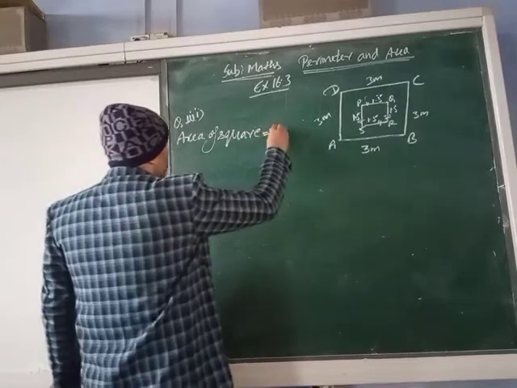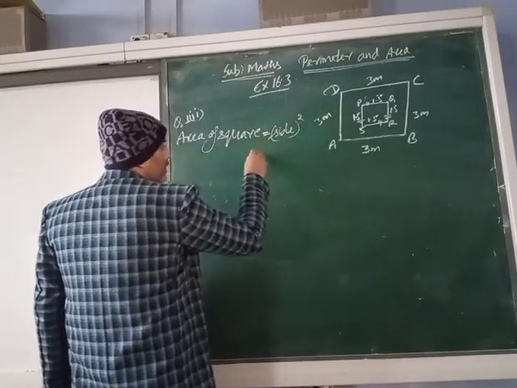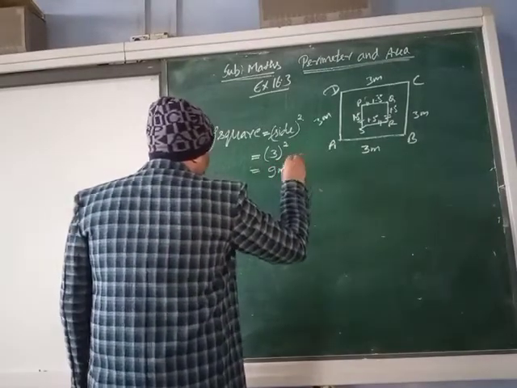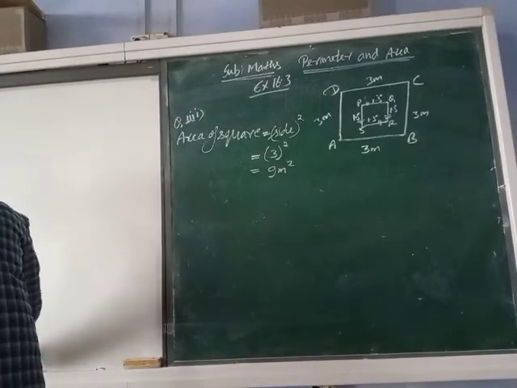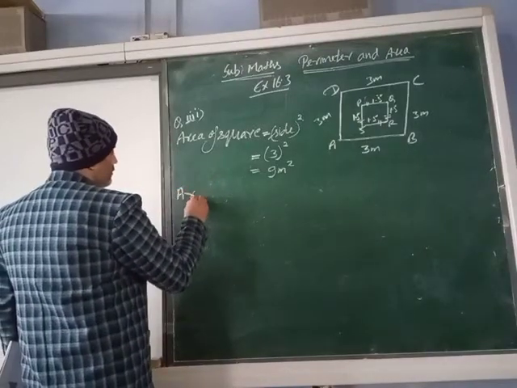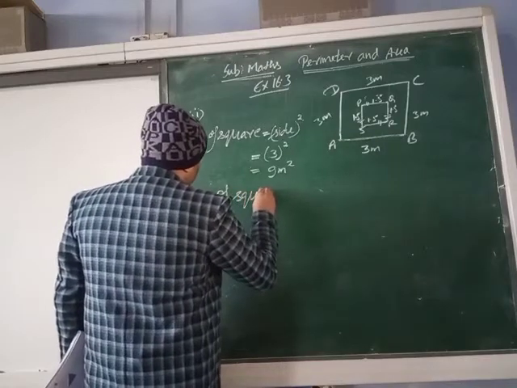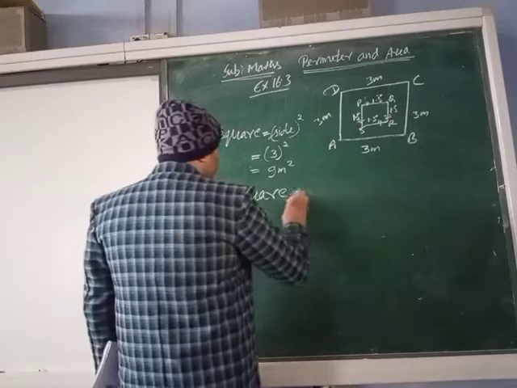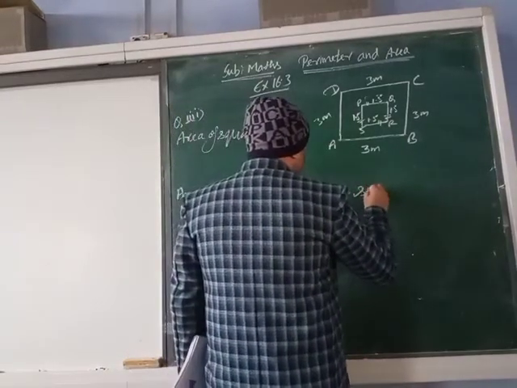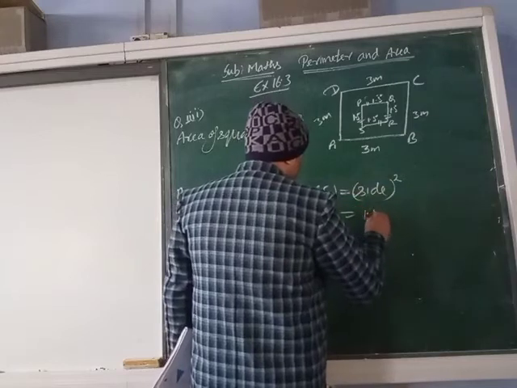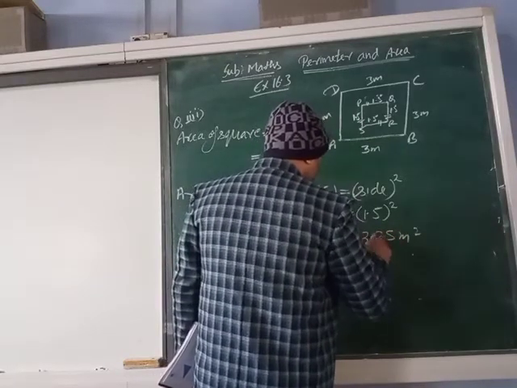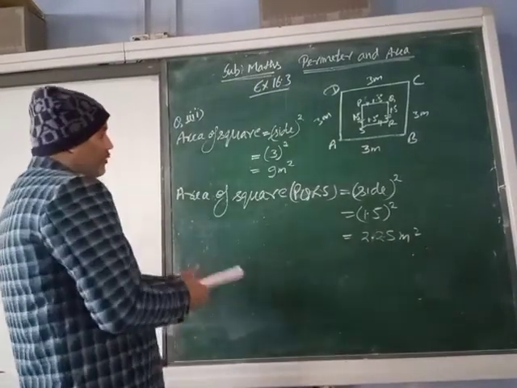Area of square A, B, C, D is side square, that is 3 meter square. Then area of square P, Q, R, S. Write the name also, P, Q, R, S. Again side square, and side is 1.5, so 2.25 meter square.